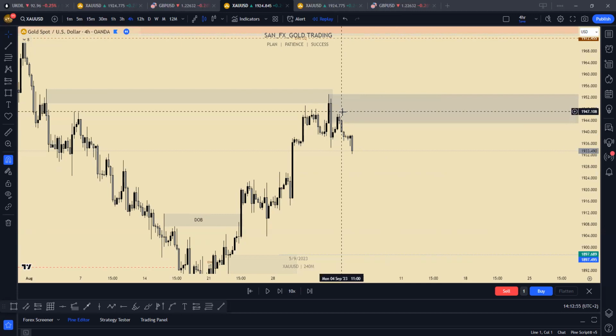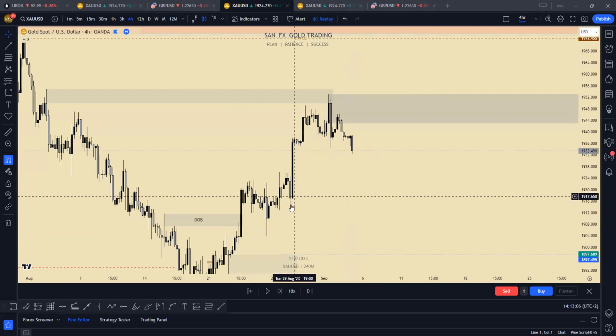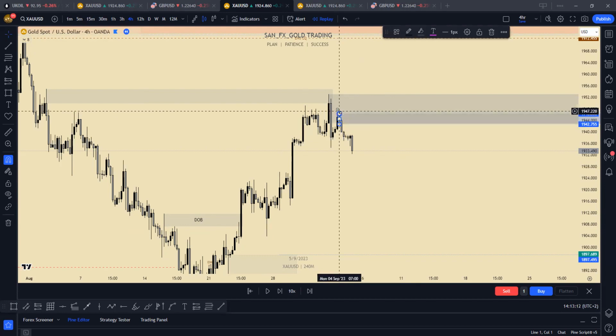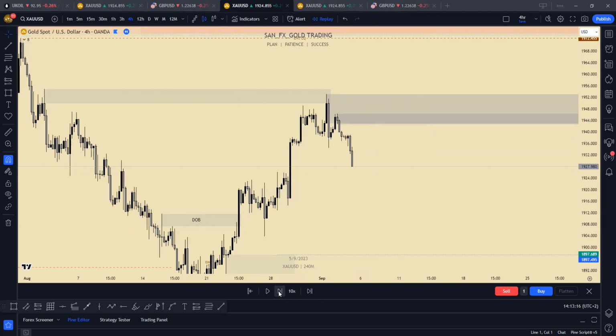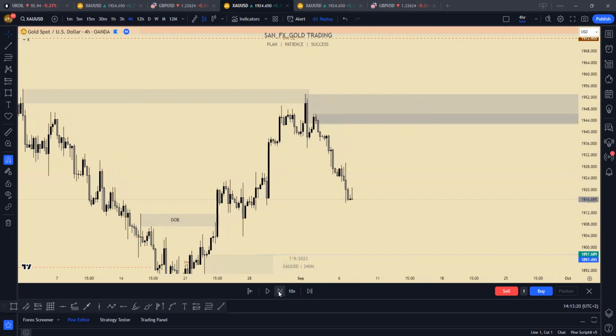This is the pullback candle, but this candle is an inside bar. So be careful with the inside bars, guys. I'm going to show you later what's happening with this one. Okay. We have to see what the market is doing.